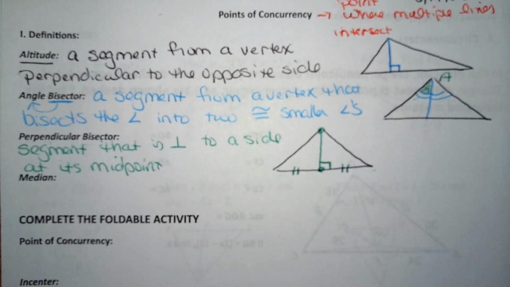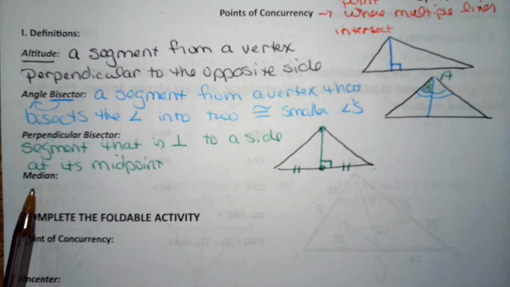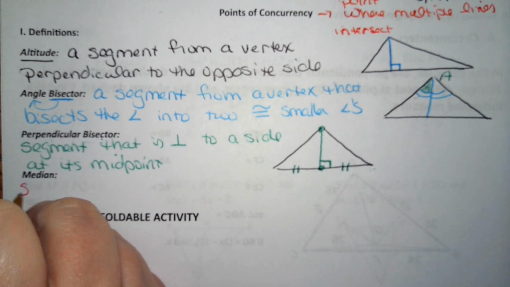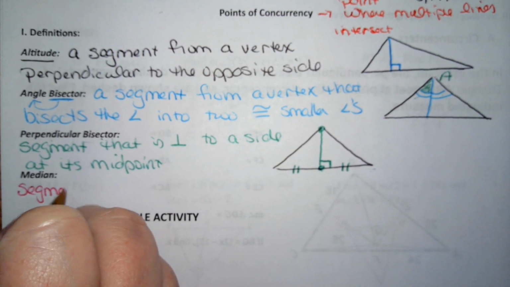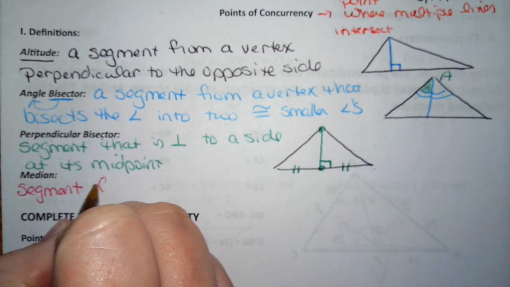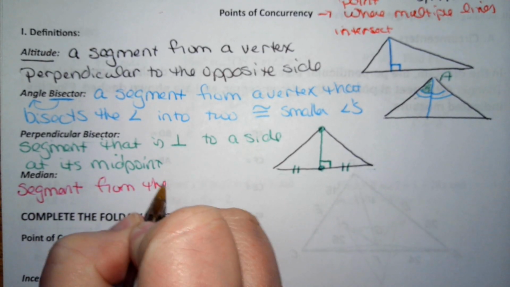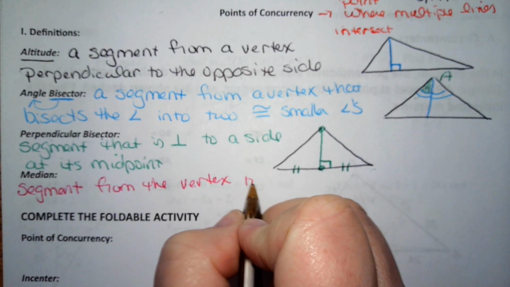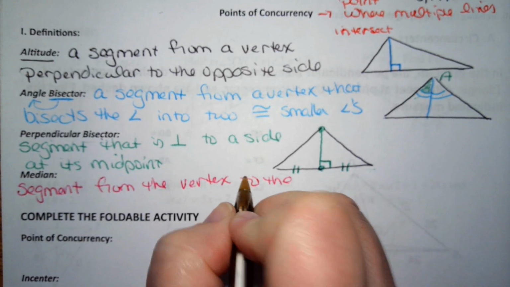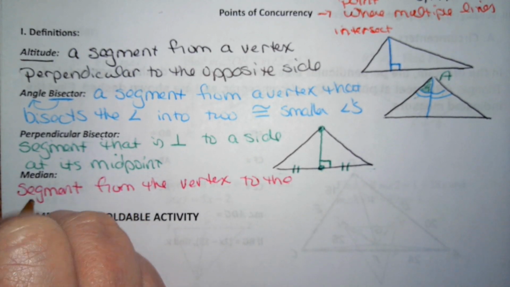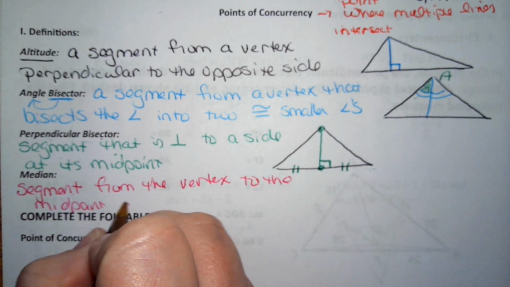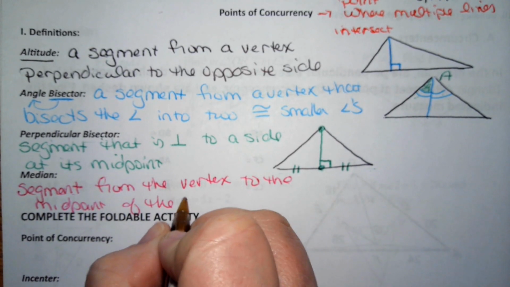All right. Median. What word does median kind of make you think about? Middle. Okay. So a median is a segment from the vertex to the midpoint of the opposite side.